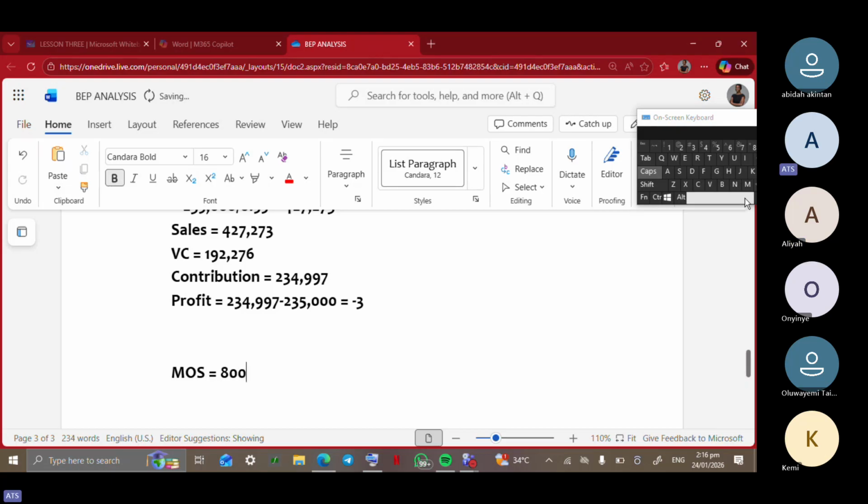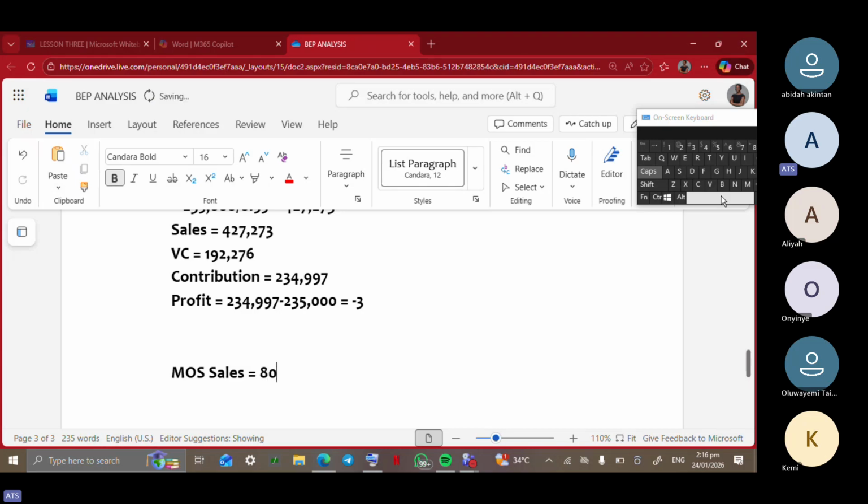So that means MOS sales. Just like BEP, we also have margin of safety sales and margin of safety units.